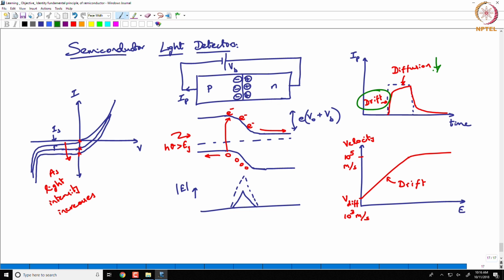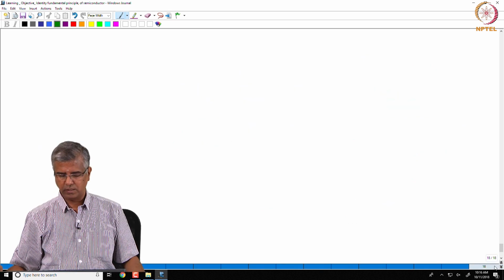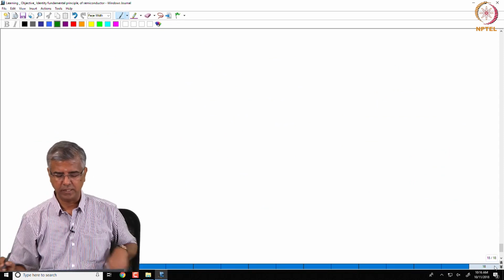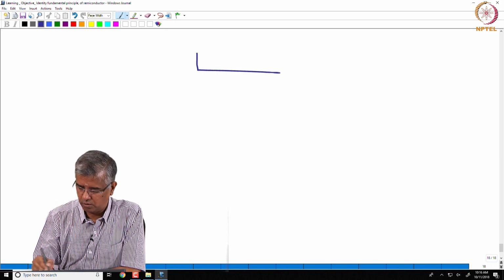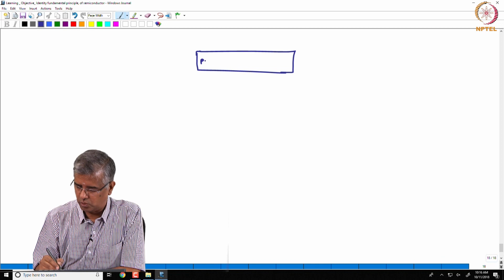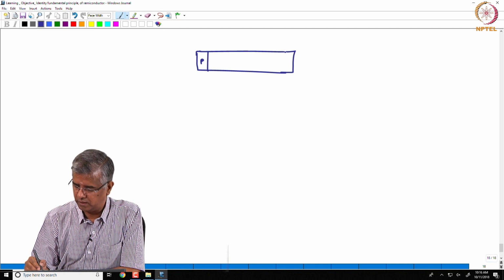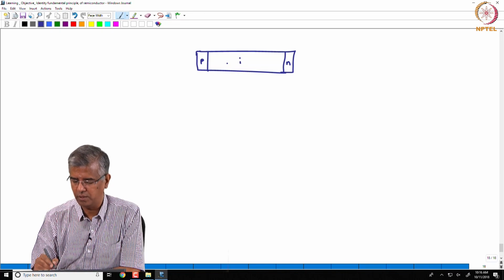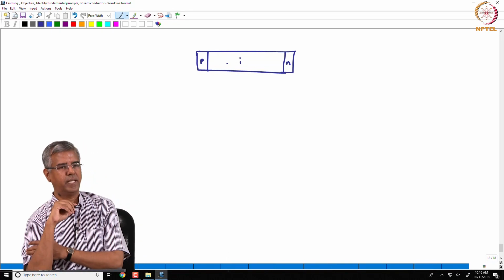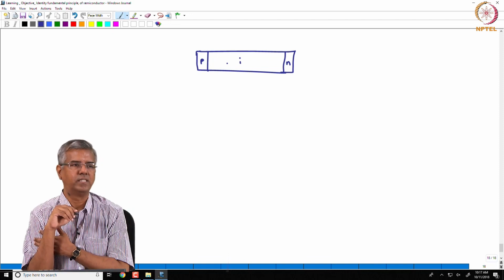Now, it turns out there is a very neat way of accomplishing this. So, you just go for what is called a PIN structure. So, what do you have in a PIN structure? You have your PN regions and then you have I region. What does I correspond to? Intrinsic semiconductor.